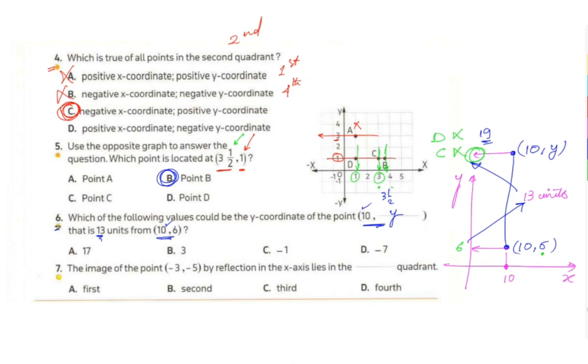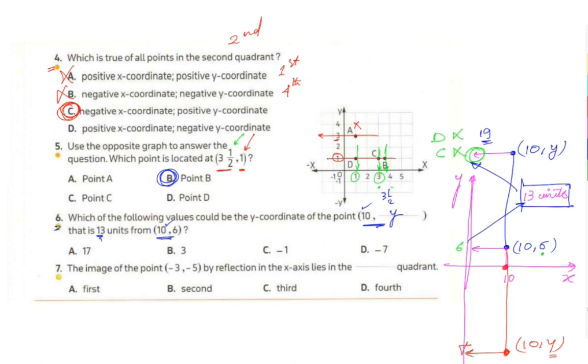Because this 13 units may be down, not up. If you look carefully, this may lie in the fourth quadrant. So the other point may be here: (10, y), the same x as 10, but the y value will be negative.